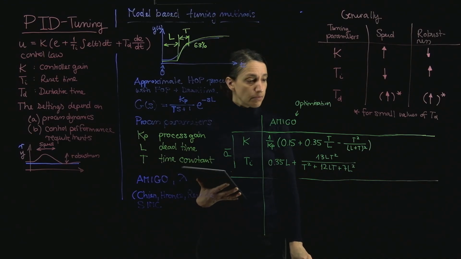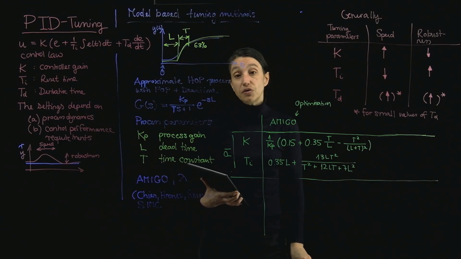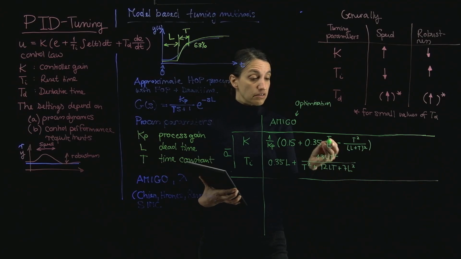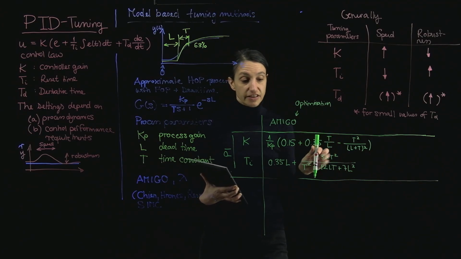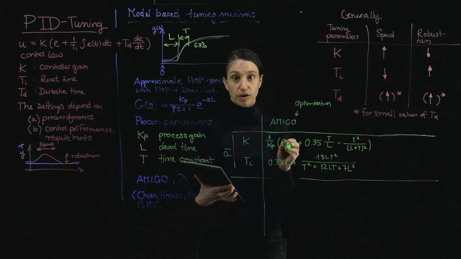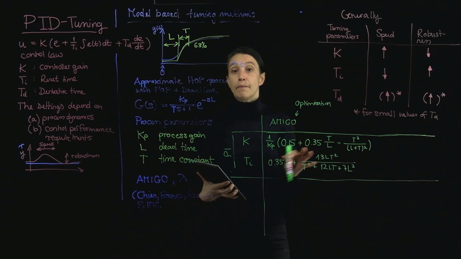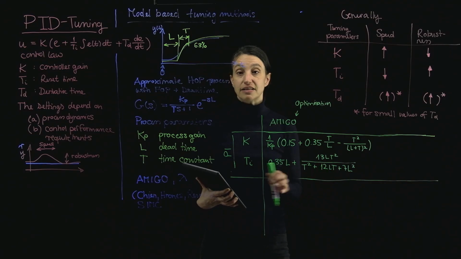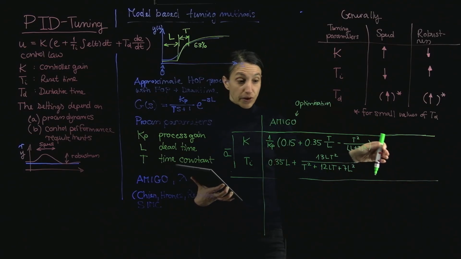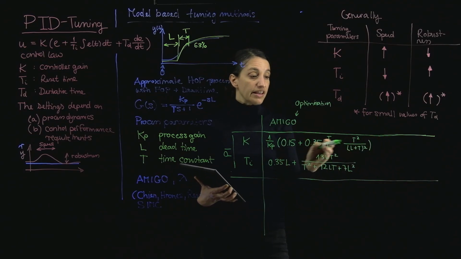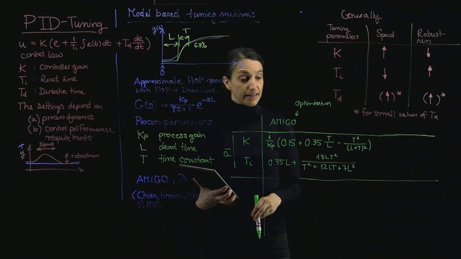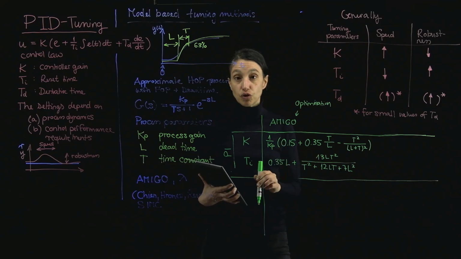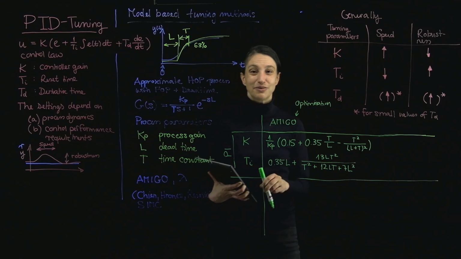looks quite cumbersome, and we don't really know why there's, well, we can have some sort of ideas, but the exact terms, why is this 0.15 and why is this 0.35? That is because it's optimized for those particular processes, and it's done over 144 processes. So this is where these relationships and these numbers pop out. So you don't have to learn them by heart, and you don't have to remember them.